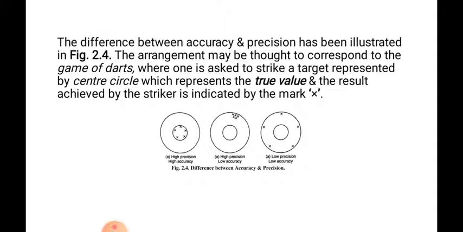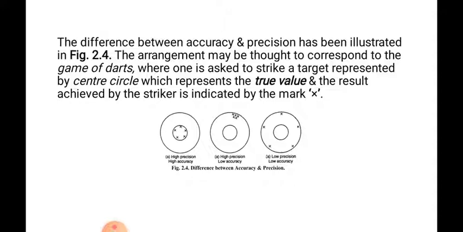So in the first diagram, the archer has marked all the arrows in the center or bullseye. That's why the accuracy is high, and the arrows he has marked on the target board do not have much distance between each other. So accuracy and precision both are high.